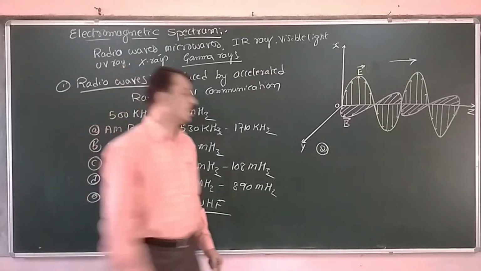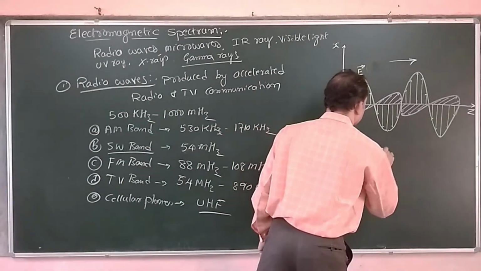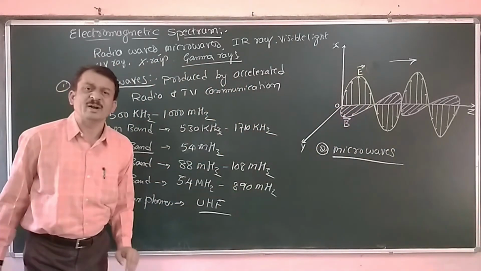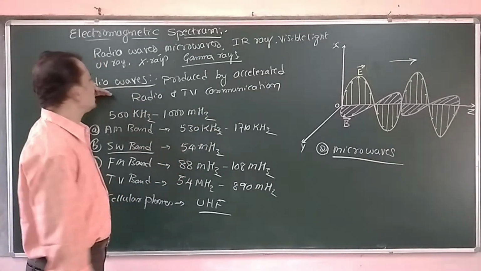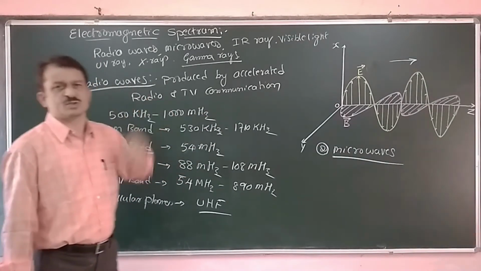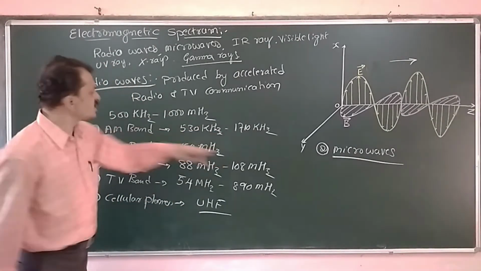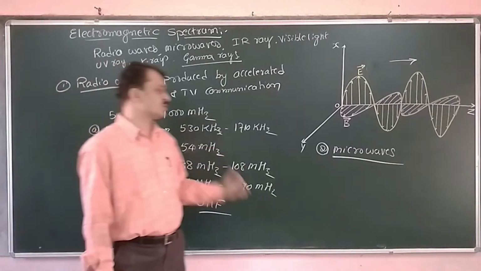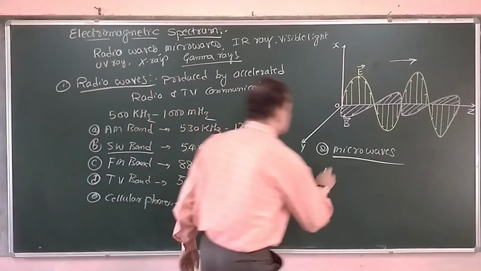Second one, microwaves. These are electromagnetic radiations having a frequency a little higher than the radio waves. In terms of wavelength, their wavelength is less than that of radio waves. Therefore, they are called microwaves. How are they produced?